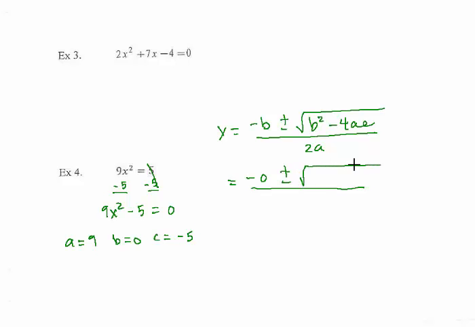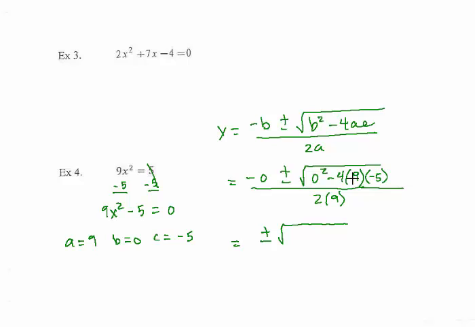And then inside we have a 0 squared minus 4ac, so 9 and negative 5. And on the bottom we have 2 times 9. So we can drop the 0, bring down the plus or minus.